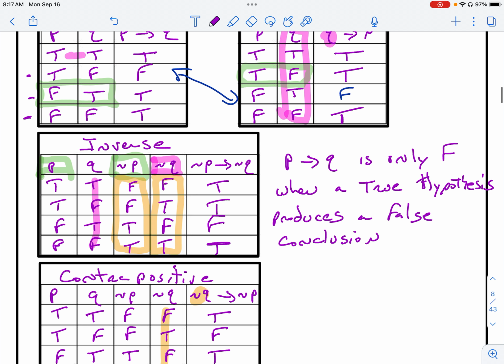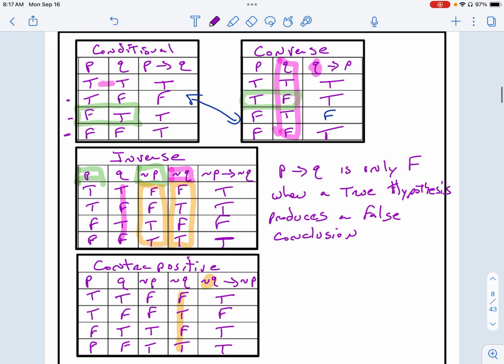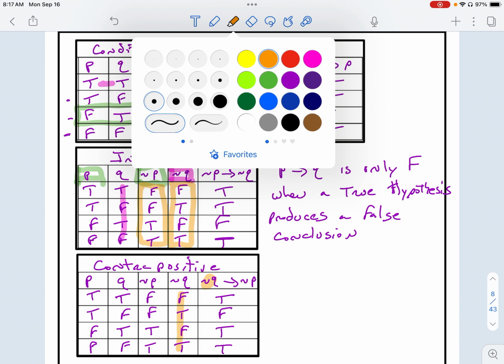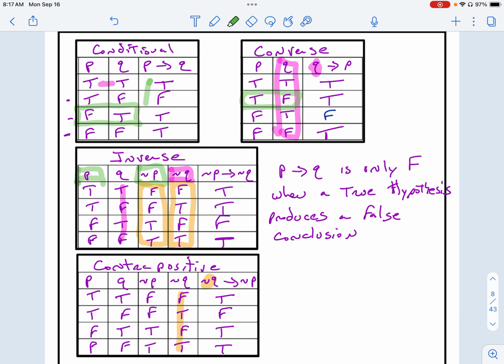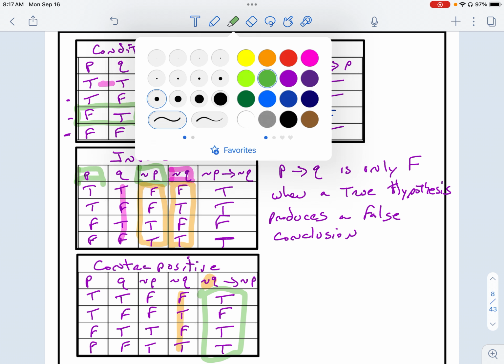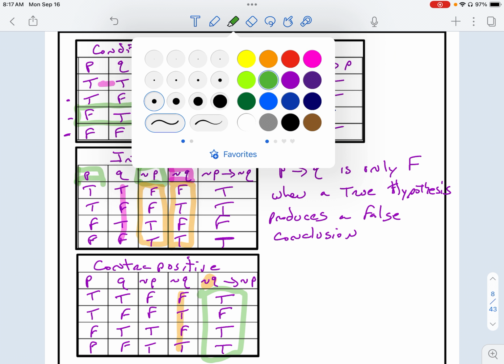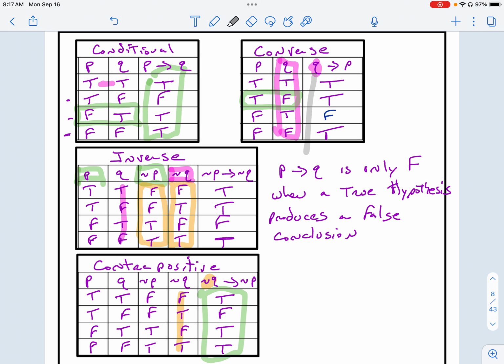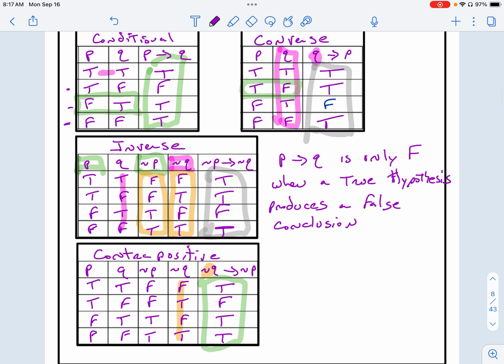And then when we compare these tables, we can see that this truth table and this truth table have the same results, and this table and this table have the same results.